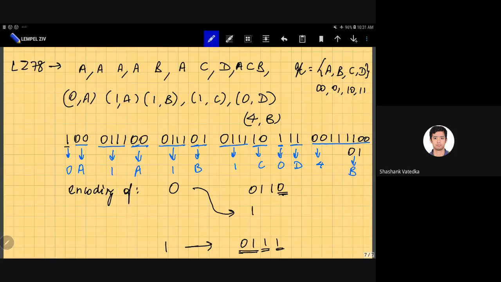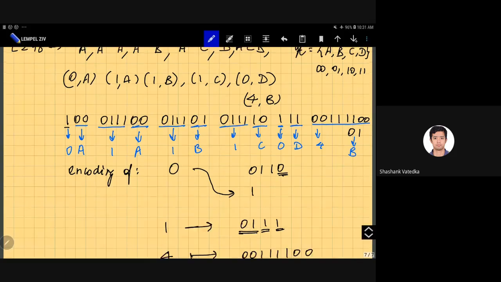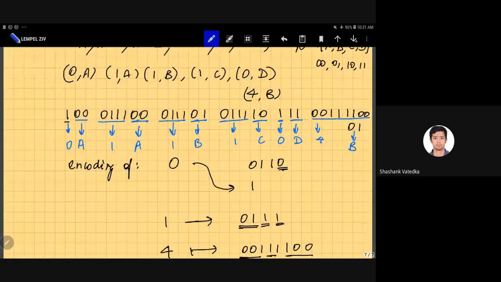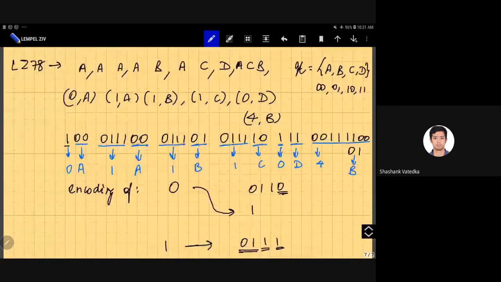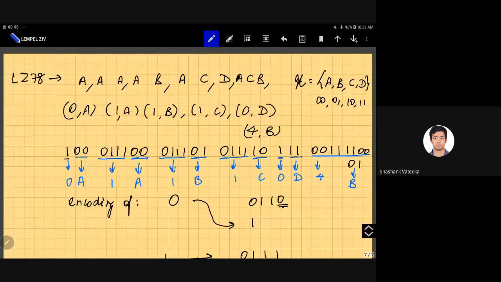Right? And since we're using a prefix-free encoding, you know exactly when to stop decoding that particular integer, right? So overall, when you concatenate all of this, you still get a prefix-free encoding of the sequence. So the LZ78 algorithm is instantaneous.